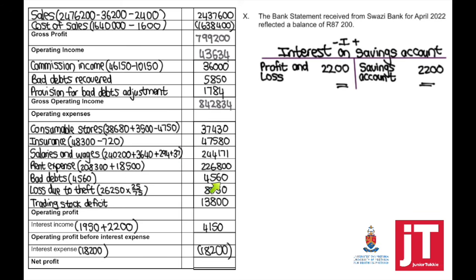When you're looking at your operating expenses, you do not write that in brackets, but you must please remember that the total must be written in brackets. Gross operating income minus operating expenses equals my operating profit, plus interest income equals operating profit before interest expense, minus interest expense equals my net profit.